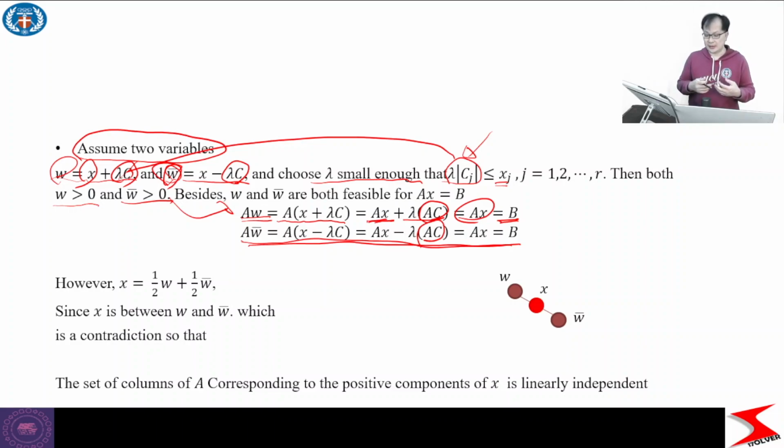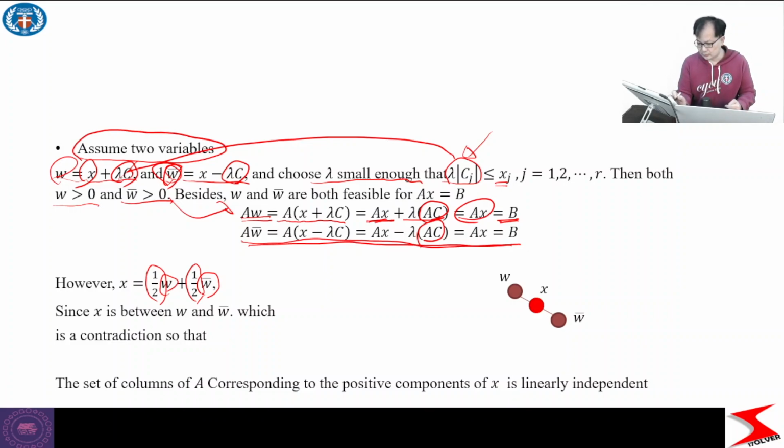And then we use the relationship. We can multiply W by 1/2 plus W bar by 1/2.